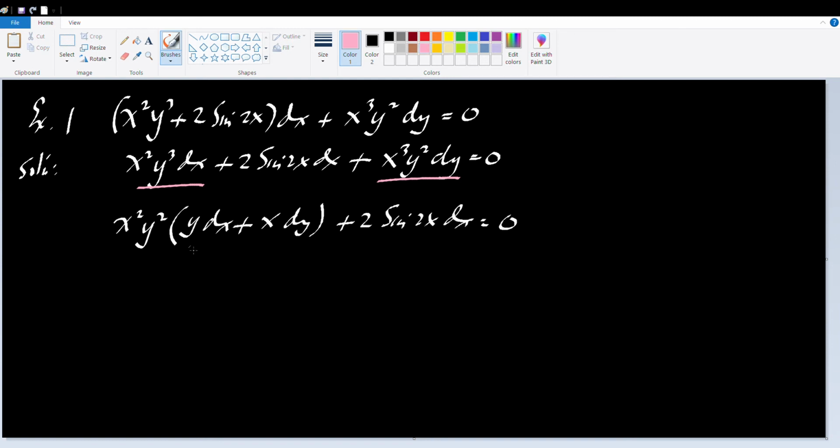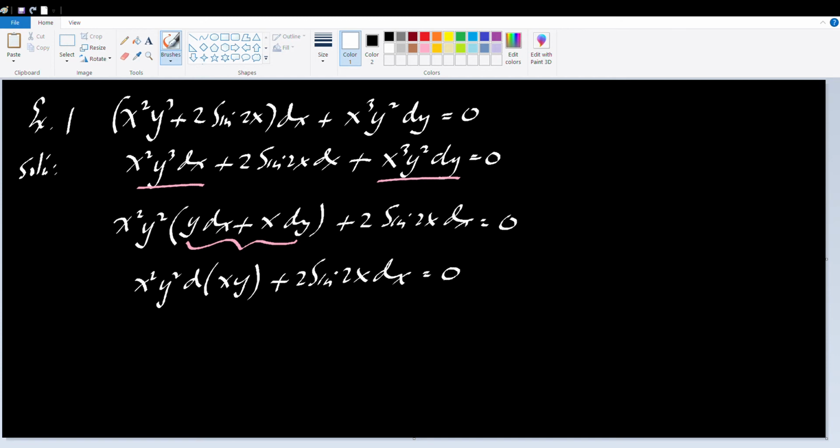And we see that y dx plus x dy can be written as the exact differential of xy, plus 2 sine of 2x dx. As regards the second term, we have a function of x, sine 2x, together with dx, and there is no problem about that.